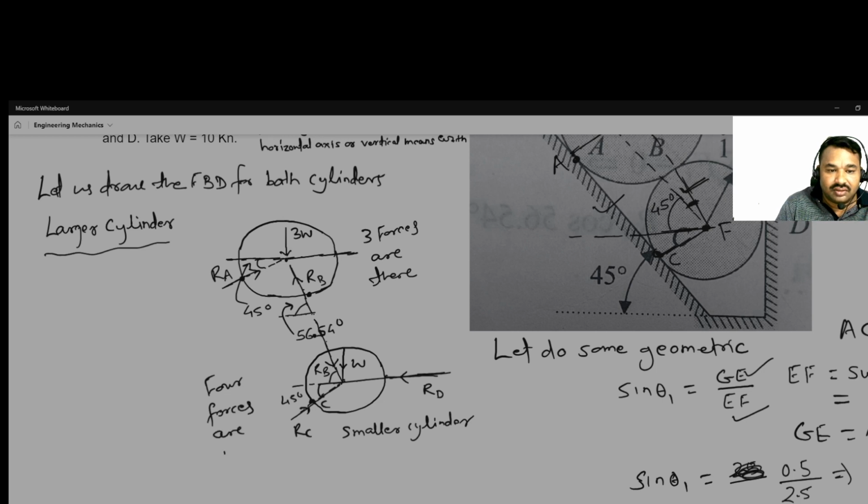So definitely we should start our calculation from the larger cylinder, so that we can easily get the answer. Here we can apply either Lami's theorem or the equilibrium condition. But because there are four forces, only the equilibrium condition we have to satisfy.